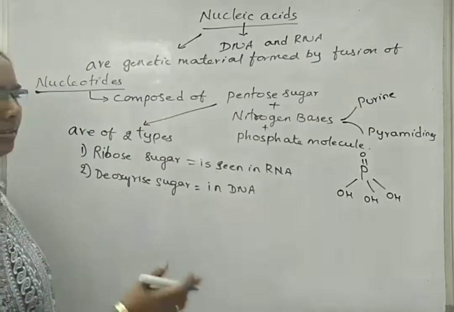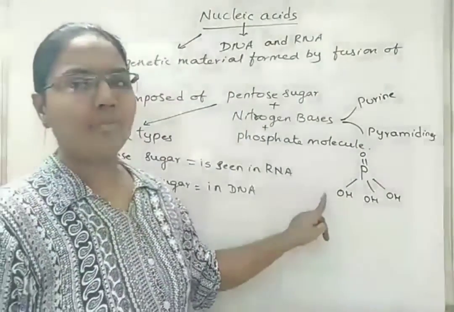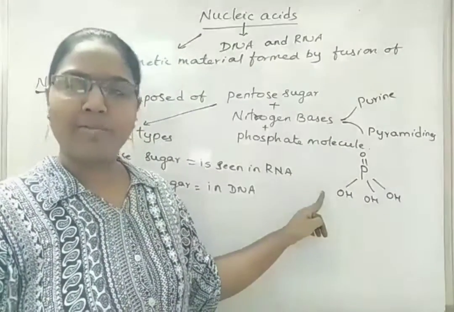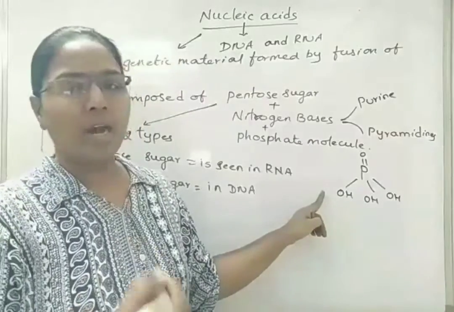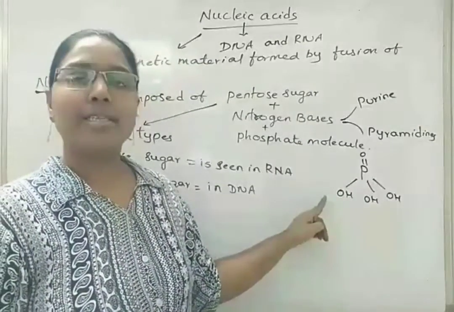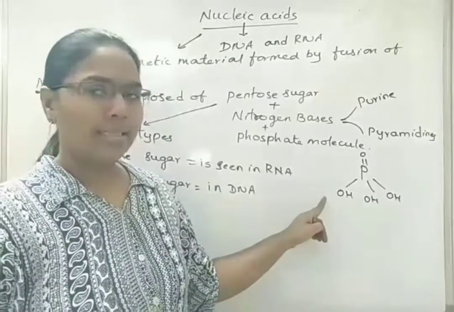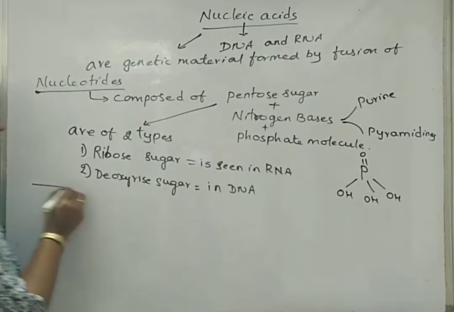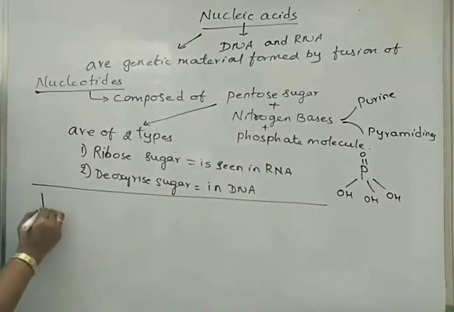Learning this phosphate structure helps us learn about the number of ester bonds and how they are formed, and the number of diester bonds present in nucleic acids like DNA or RNA.